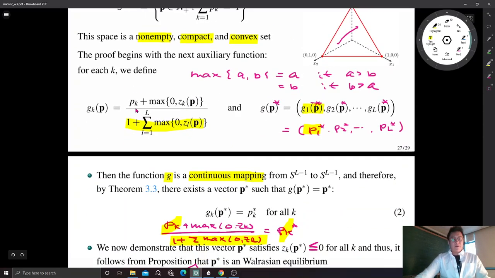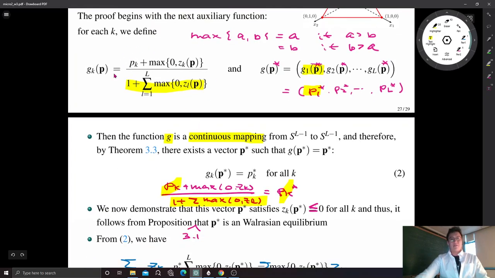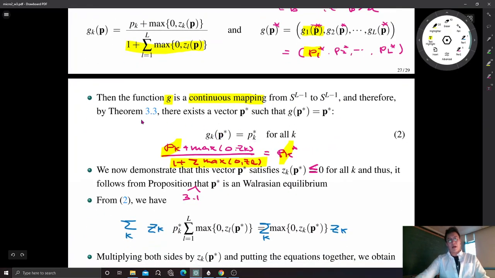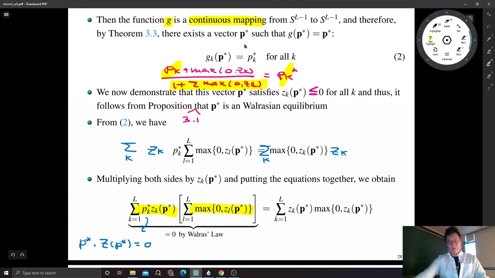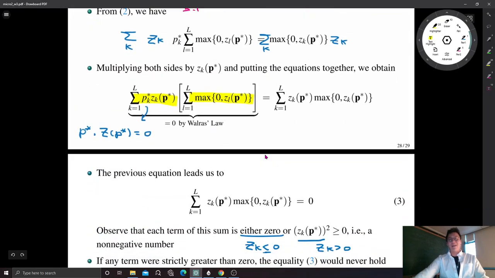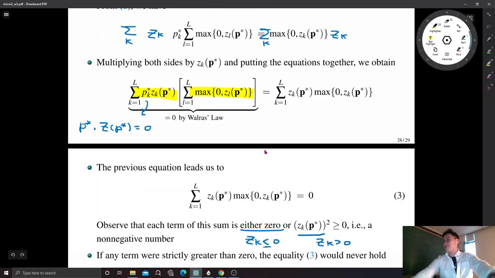And it's very difficult to come up with this kind of auxiliary function, but if we have this function, it's a continuous mapping from the unit simplex to itself, so we can apply Brouwer's fixed point theorem to obtain a fixed point. And it turns out that this fixed point of the function g is an equilibrium price. That is how this equilibrium proof goes.